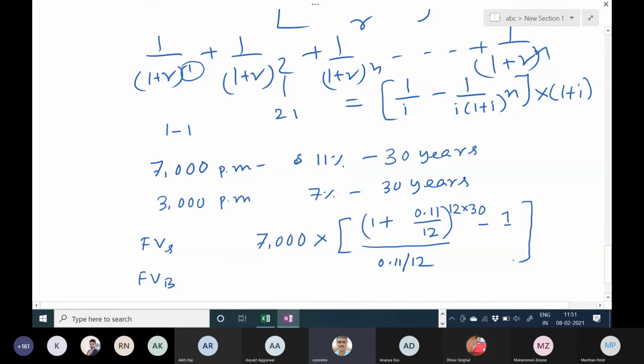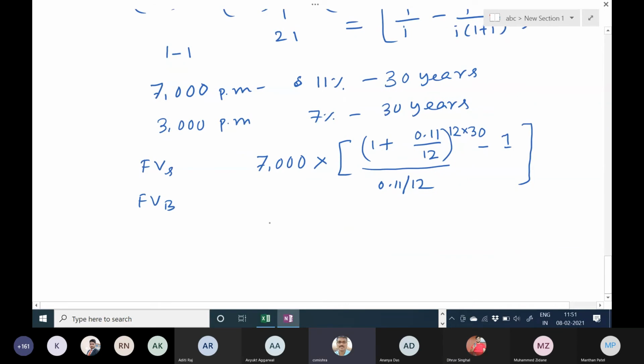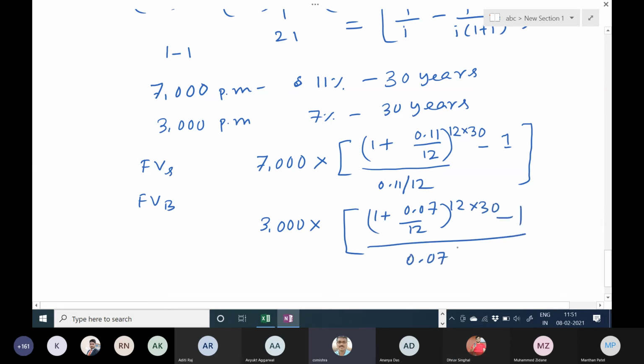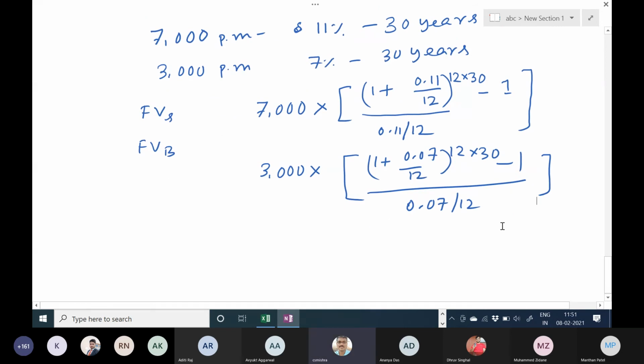This is the formula. Now this one: 3,000 into 1 plus 0.07 by 12 to the power 12 into 30, minus 1, whole divided by 0.07 by 12. Okay. So what is my value?